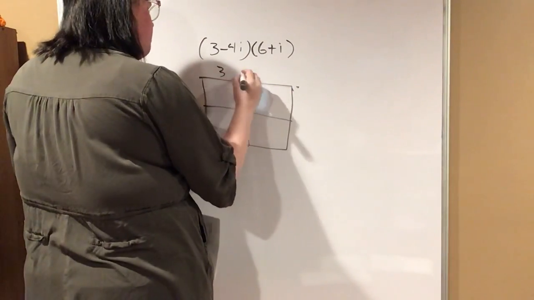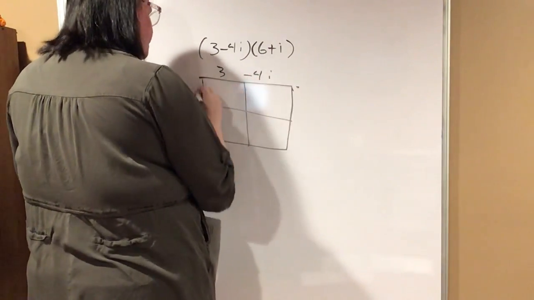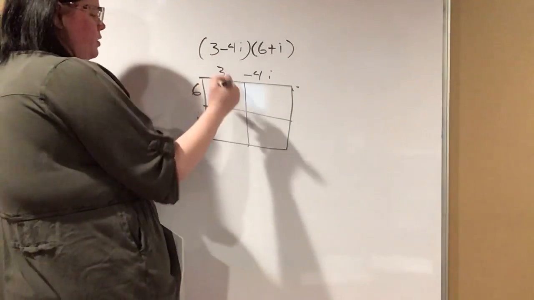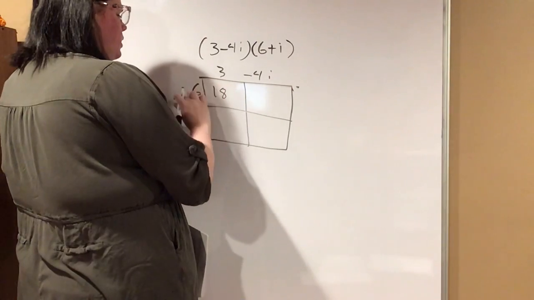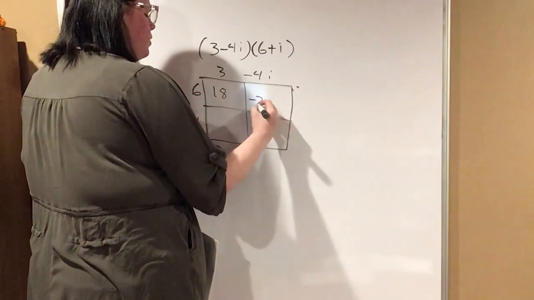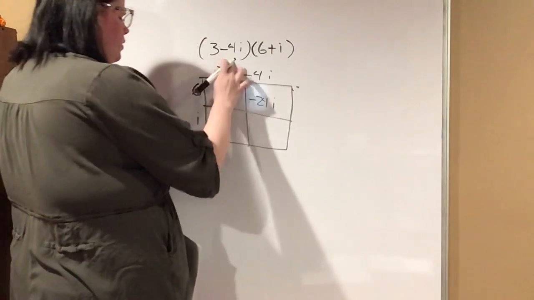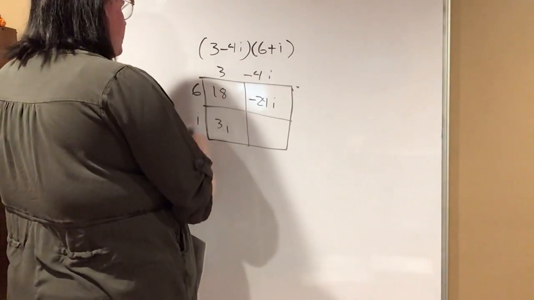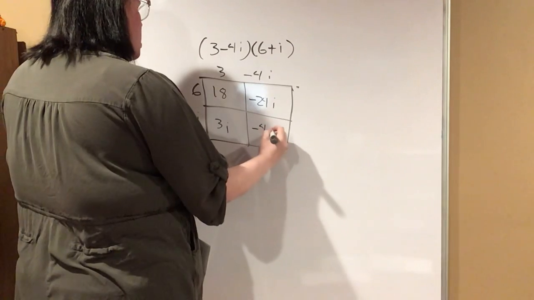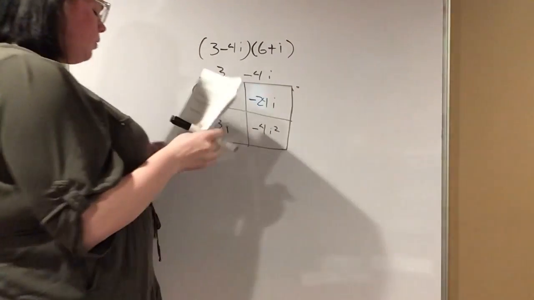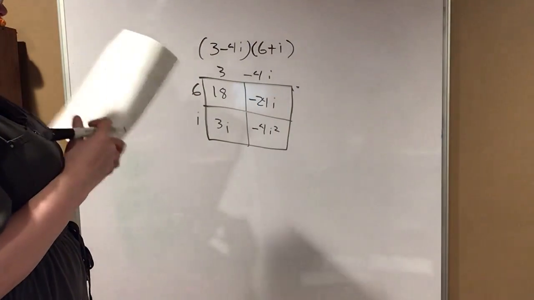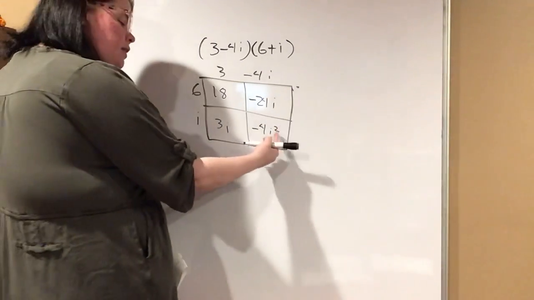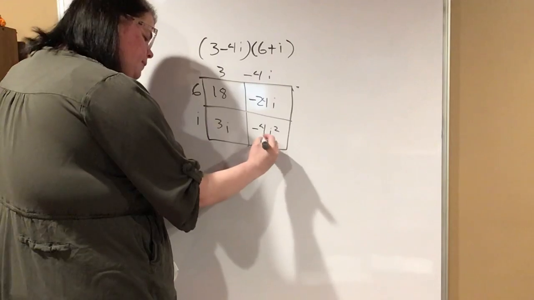So we have 3 minus 4i and 6 plus i. 6 times 3 is 18. 6 times negative 4i is negative 24i. 3 times i is 3i. Negative 4i times i is negative 4i squared. Well, what did I teach you i squared was? i squared is negative 1. So negative 1 times negative 4 is actually 4.